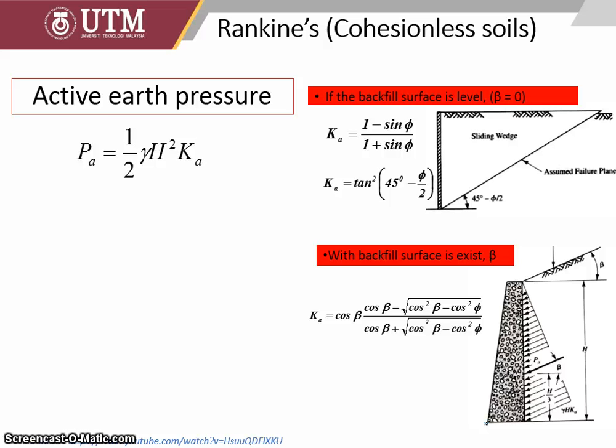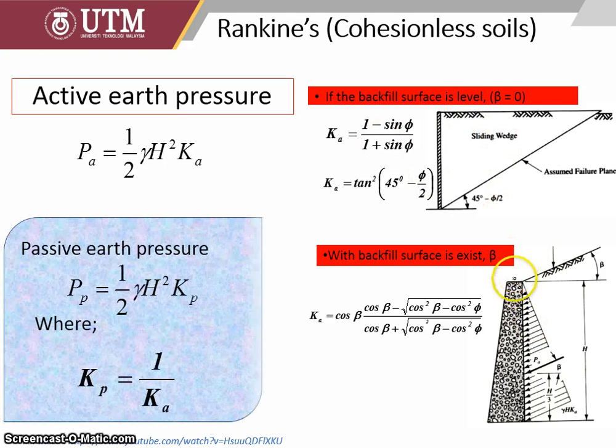For the Rankine, this is the active pressure definition equation, and then the Ka with two different conditions. And for passive, the Kp is the inverse of the Ka.